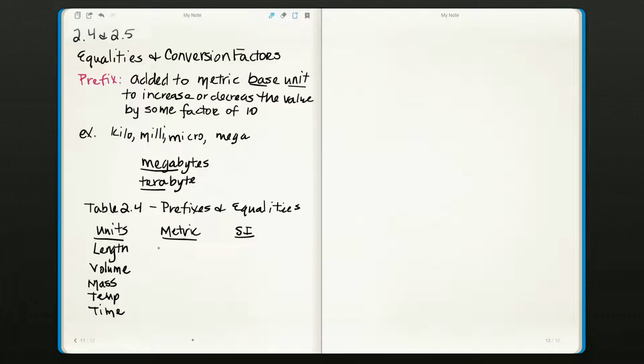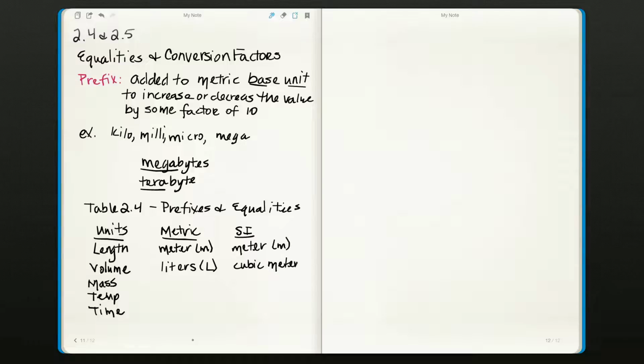So the metric unit for length is the meter, which has the symbol m, lowercase m, and the SI unit is also the meter. Okay, volume is liters, always a capital L, and the SI unit is cubic meters.